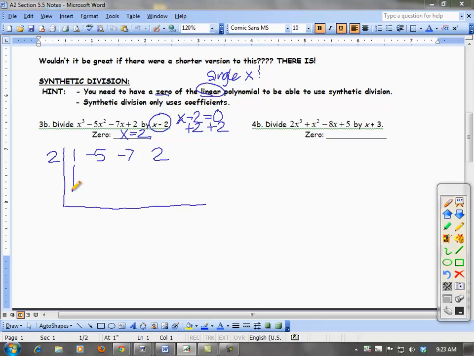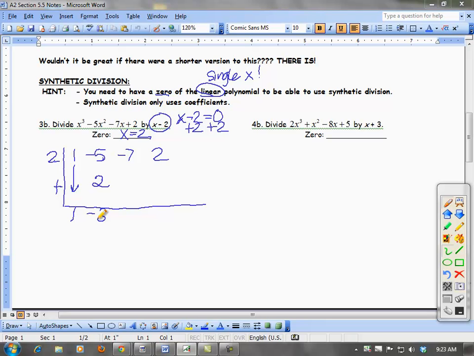We drop the first number underneath the bar. We take that number and multiply it by the 0, so times 2. 1 times 2 is 2, and we put it beneath the next number. Whatever numbers are inside the box, we are going to add them together. Okay, so negative 5 plus 2 is a negative 3.